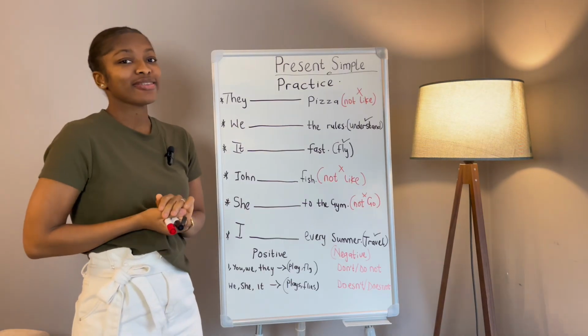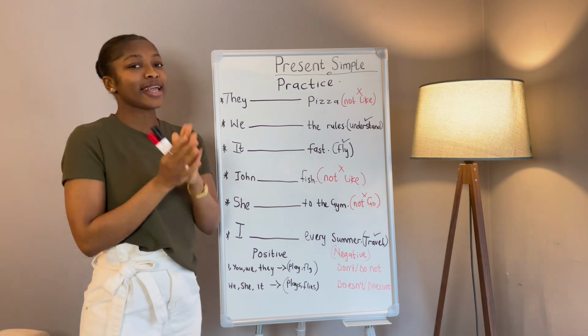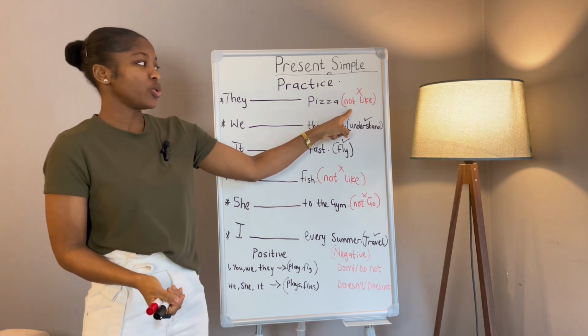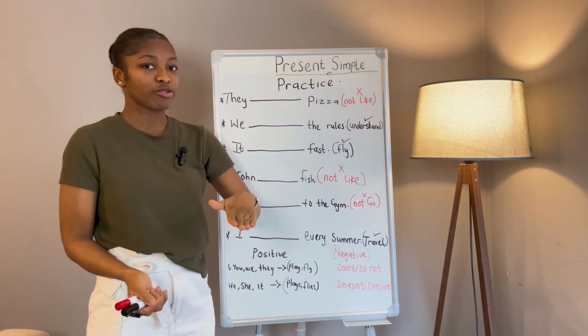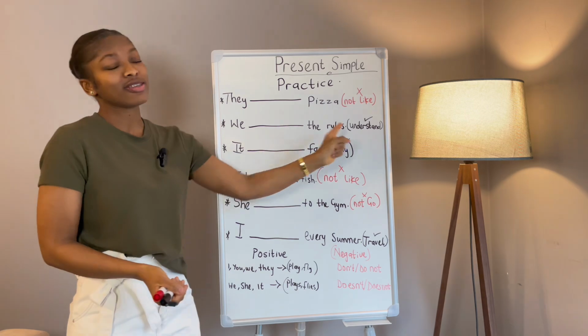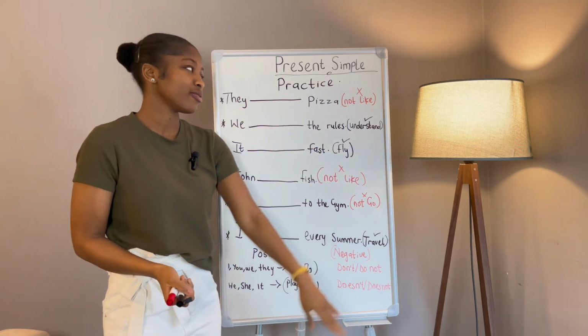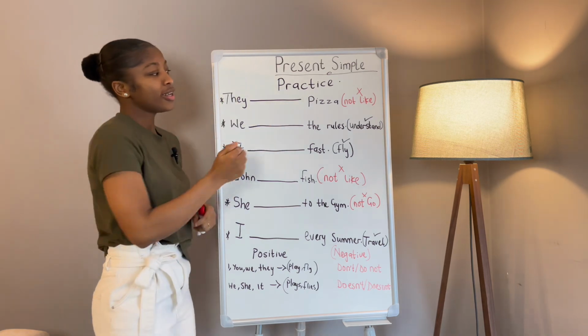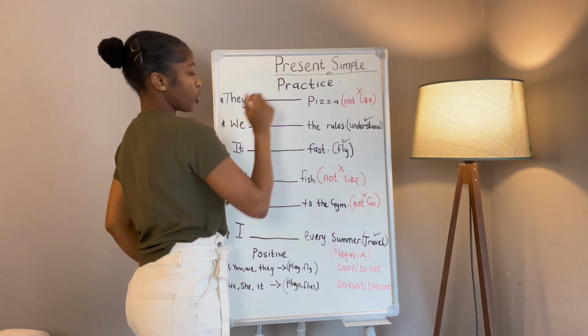Now, let's practice making a positive and a negative sentence. Whenever you see the word not with the cross sign, it means negative form. And whenever you see the tick sign here, it means the sentence is going to be a positive sentence. Number one says, they pizza. This sentence is a negative form.